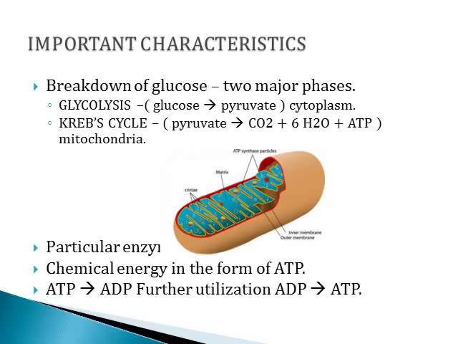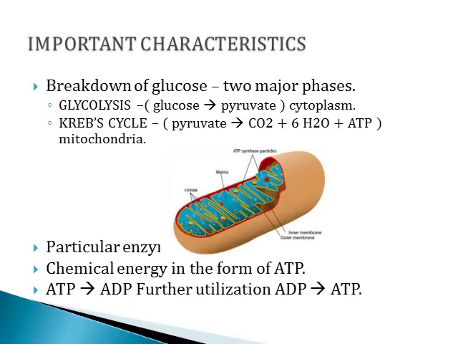Glycolysis is the conversion of glucose to pyruvate, which takes place in the cytoplasm. Krebs cycle is the conversion of pyruvate to carbon dioxide plus water plus energy synthesis, and this process occurs in mitochondria. This is the first characteristic of this chemical reaction.